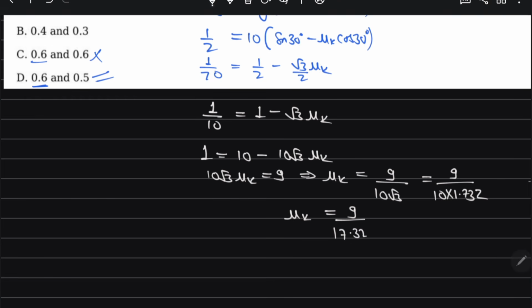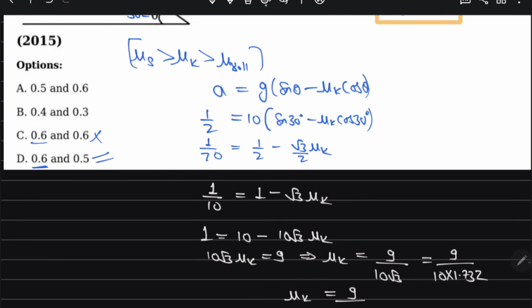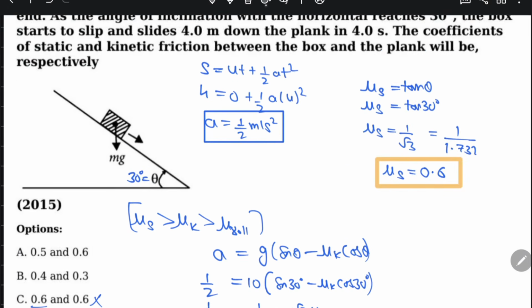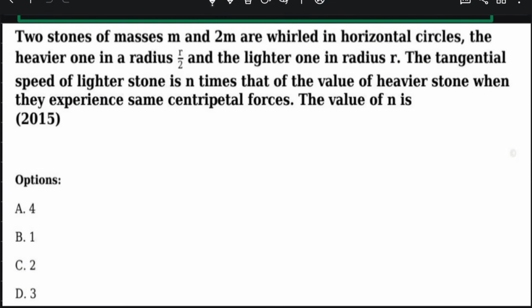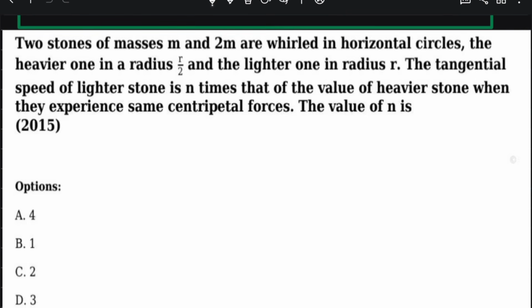If I divide 9 by 17.32, this is 0.5. I say now this is less than 1. So we can calculate, or we can also directly give the answer in the examination. This examination is like you should know this concept, otherwise you have to solve it and spend time on it. And this is also one question left. Okay. Two stones of masses m and 2m.